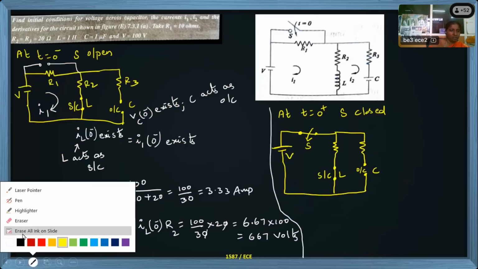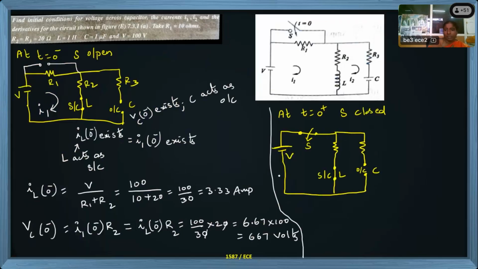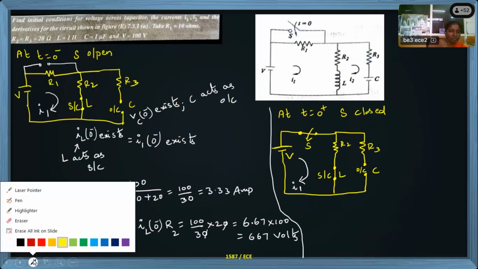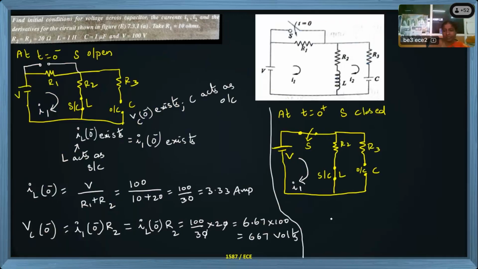Now in this closed loop, current I1 is there. Here open circuit is there and R2, R3 resistances are present. Now I will retain the same voltage and current values.